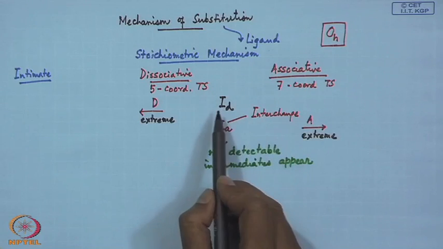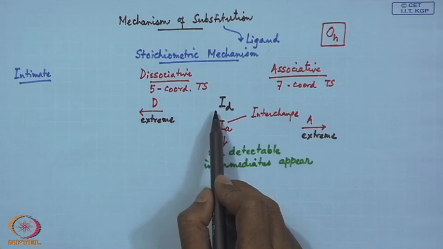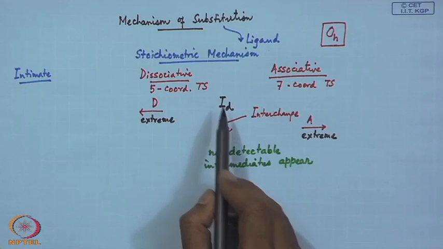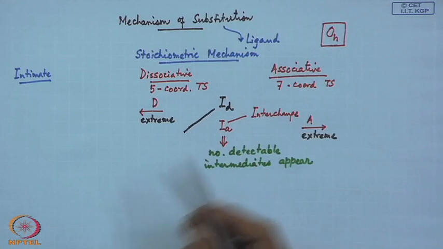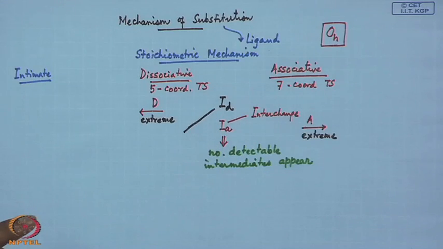In the case of ID, the degree of assistance is small and the reaction is primarily dissociative in nature.